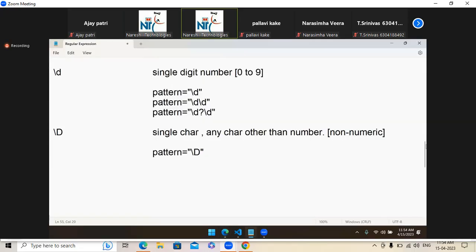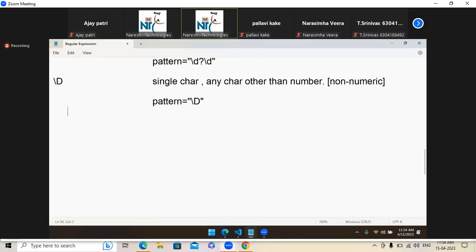For example, if I write a pattern like this, with \d and \D, what does this mean? It should start with a number and it should end with any character, not a number.